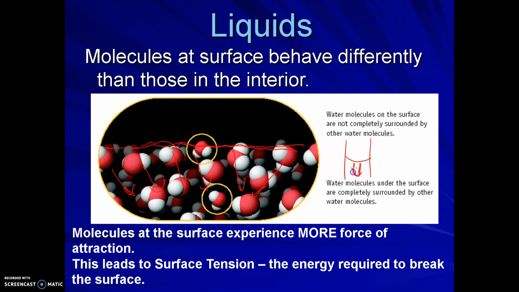And so when that happens, you get this pull down, and what's going on is you create this skin. And this pull down has to do with how strong the intermolecular forces are inside that bulk. So if I have really strong intermolecular forces, that means I have a high boiling point. I would therefore have a high surface tension.